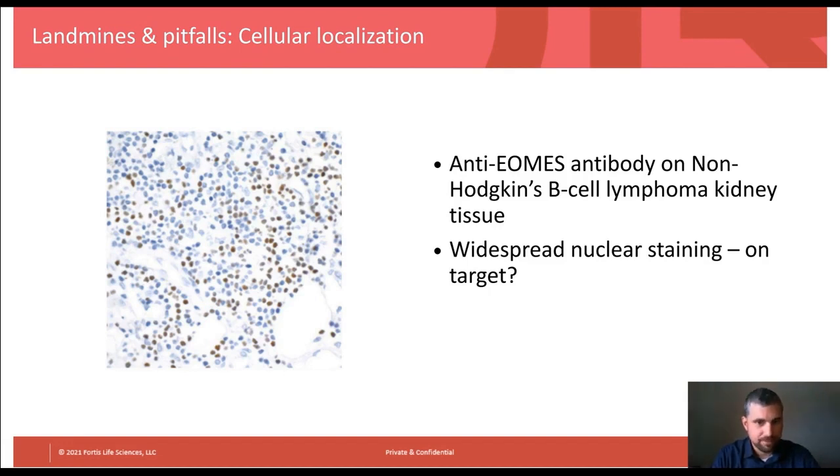Now, if this antibody were binding something off target that also happened to be a nuclear protein, you would have no way of differentiating that EOMS-mediated signal from this off-target binding. So again, you're left to answer some questions. How do you know that what you're seeing is on target? And if it is on target, how do you prove that to someone?